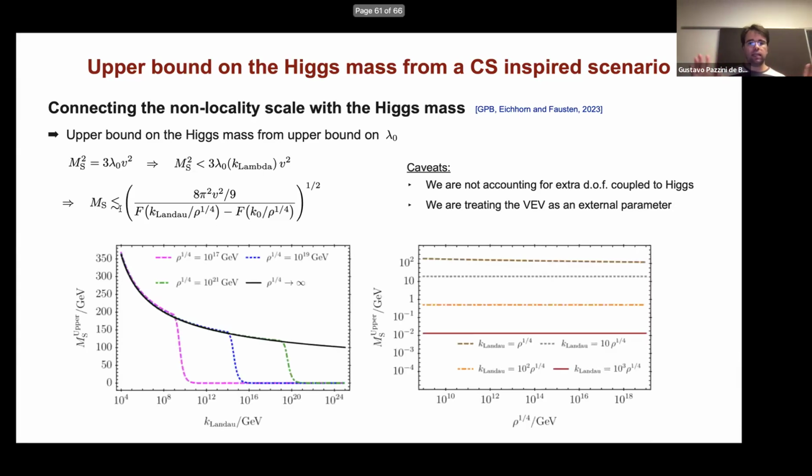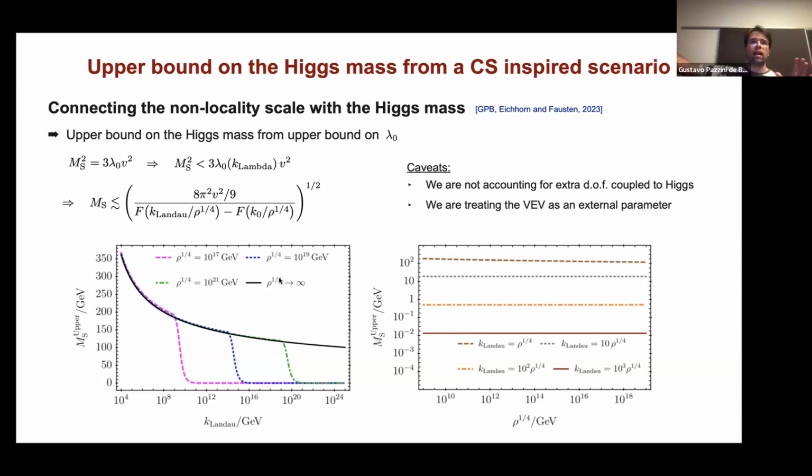But assuming that these caveats do not change the results too much, this is the final picture that we have, where we see an upper bound on the Higgs mass as a function of the Landau pole scale. In particular, this black line is the case where the discreteness, or the non-locality scale, rho, goes to infinity.